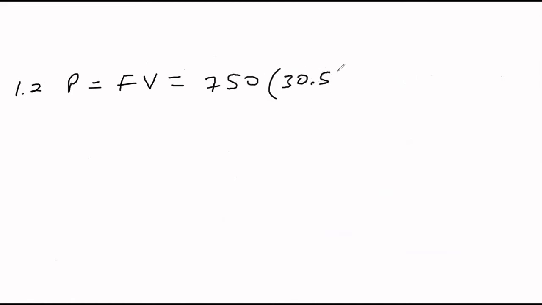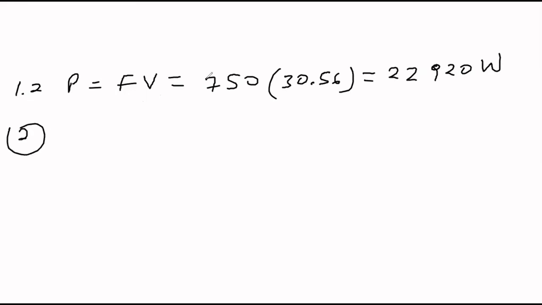Then you can use this formula: P is equal to F, the force, times the speed. Power output will be 750 times 30.56, which is 22,920 watts. That is the power output of the car.